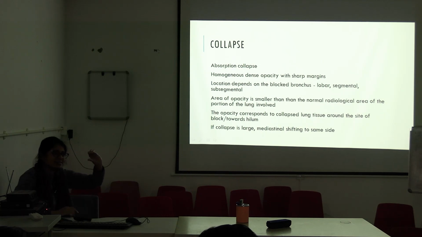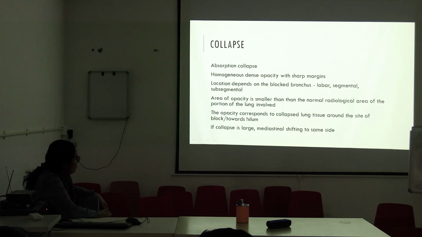Normally the lung is aerated, but when it is collapsing it becomes small, contracted. So we can see only this much opacity, but when it becomes normal the area will be bigger. The collapsed area will look smaller than normal. The opacity will correspond to the collapsed lung tissue around the site of the block or towards the hilum.